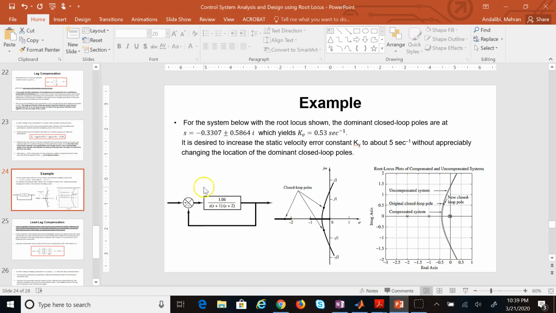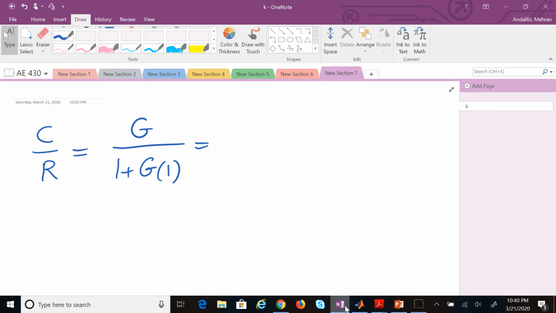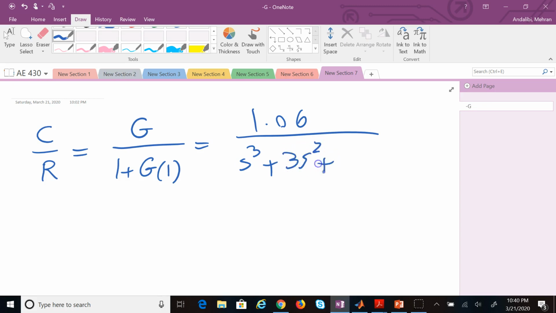So we have this G. If you plug that in and simplify, you are going to get 1.06 divided by s cubed plus 3s squared plus 2s plus 1.06. Okay, so this is the original system.